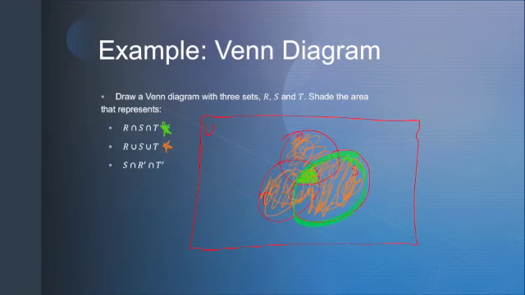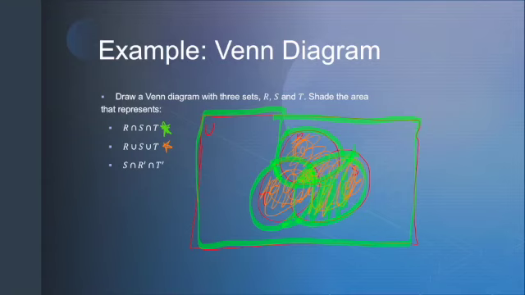R complement is everything not in R. So it's going to be like all of this is R complement. And then T complement is everything not in T. So it looks like the only area it's going to be is here.